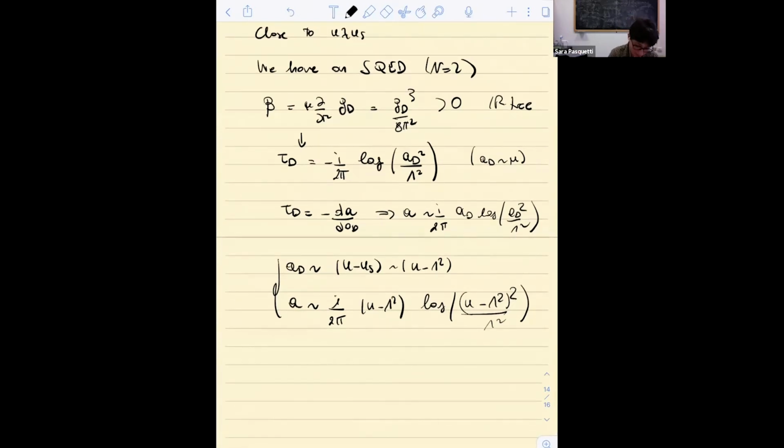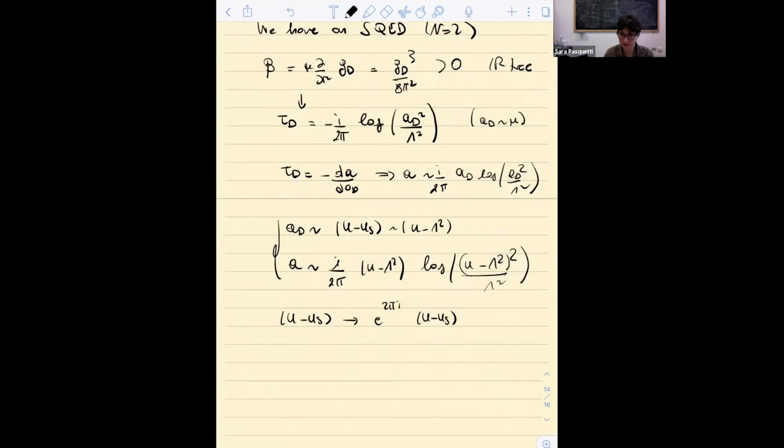So now if I encircle the singular point US, then by this expression that I wrote, I can calculate what happens to A dual and A. Basically A dual will not change, whereas A will shift by 2 A dual.